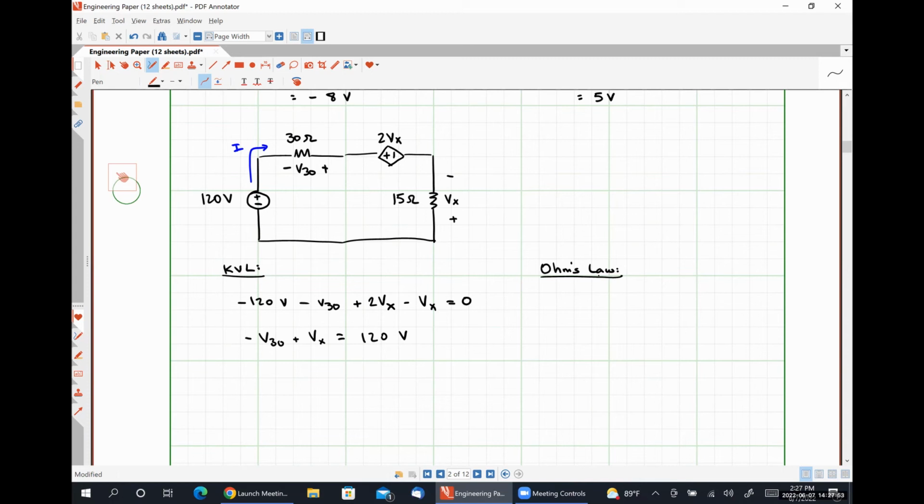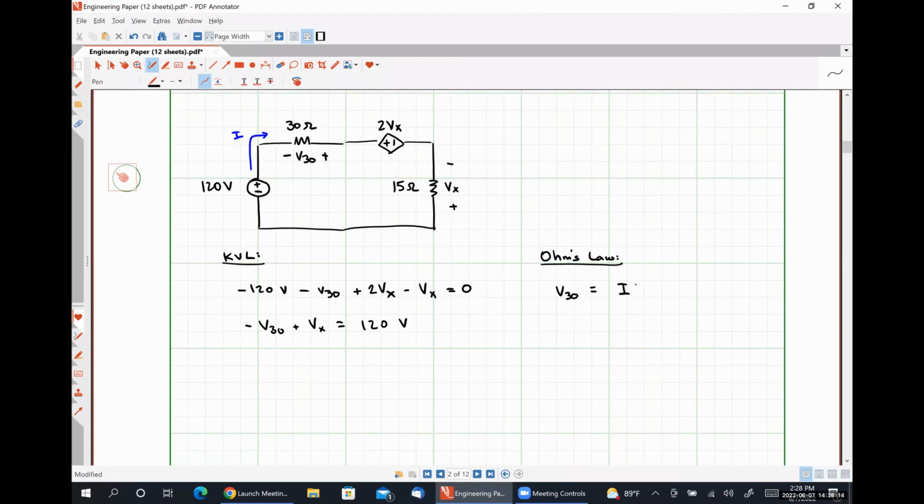The first thing that we're going to do is write an equation for V30. So we are going to express our voltage drop V30 in terms of that current I. Okay. So using Ohm's law, where V is equal to I times R, we are simply going to have I times 30 ohms.